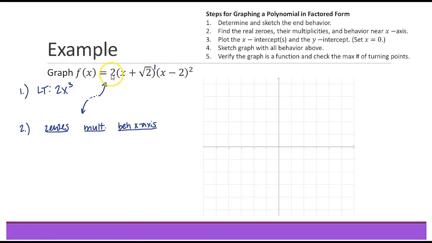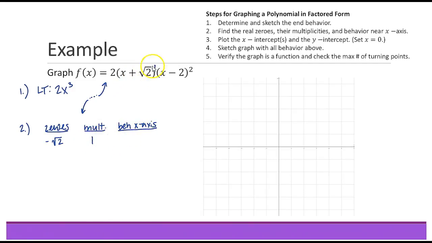So 2 doesn't have any x's with it, so that's not going to give me any zeros. So here, x plus radical 2. One of the real zeros will be negative radical 2, because remember, I would set this factor equal to 0. We should be able to do that in our head. The multiplicity is 1. So the behavior near the x-axis is that it's going to cut through the x-axis.